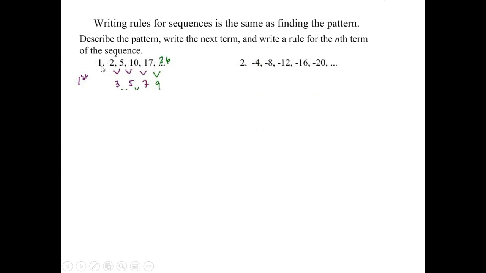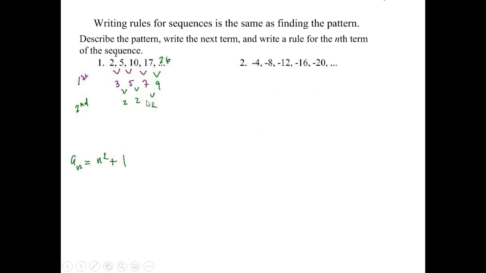Well, if I look, I'm not increasing by a constant difference. The first differences are 3, then 5, then 7, and I got 9 here. But my second difference is 2. So that tells me it's going to be some sort of n squared term.